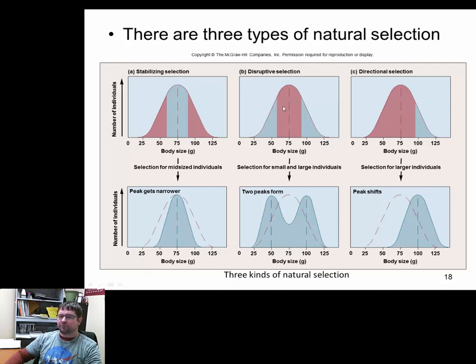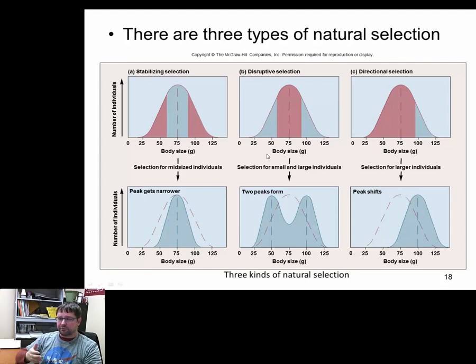Disruptive selection. That's where the middle portion, the individuals that might be intermediates, are selected against. And a lot of beak design, so you either have a small beak or a large beak, but a medium beak, you're at a disadvantage. Other things like even body size. You might be small or you might be large.